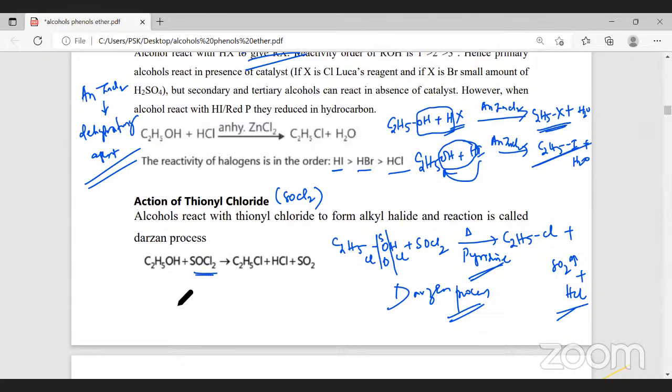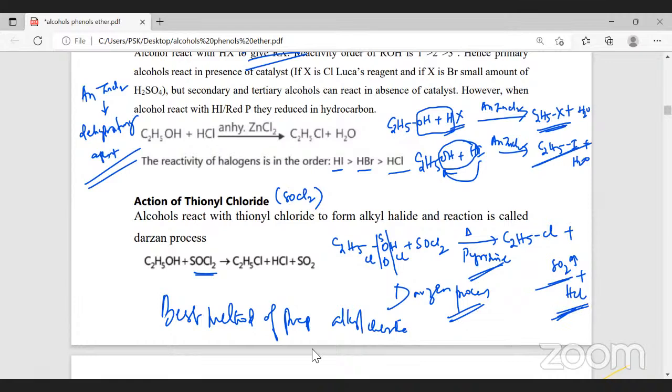That's the disadvantage, but it is the best method of preparing alkyl chlorides. Why? Because sulfur dioxide and HCl both get eliminated. Pyridine is a base. Sulfur dioxide is acidic. Hydrochloric acid is also acidic. So pyridine will eliminate both these, and you'll have only the product.